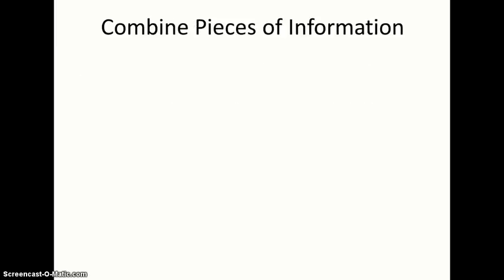Now the catch here is that this is a lot of information and you've got a page limit in your assignment. So one thing that you have to watch out for is not just what information do you put in, but also how do you write it so that it makes sense and you keep it under the page limit. So one trick that you can do here is take multiple pieces of information and combine them into one sentence.